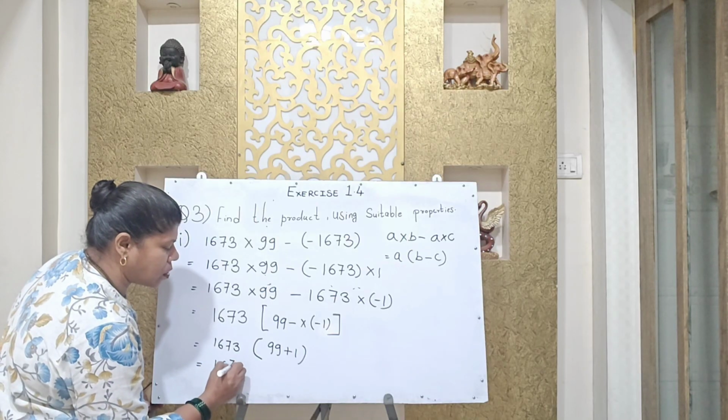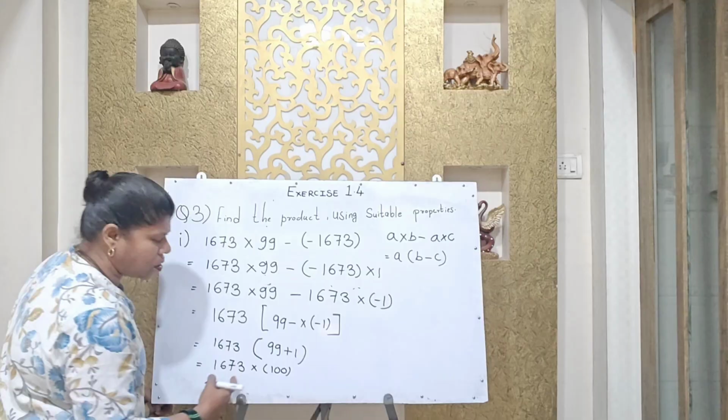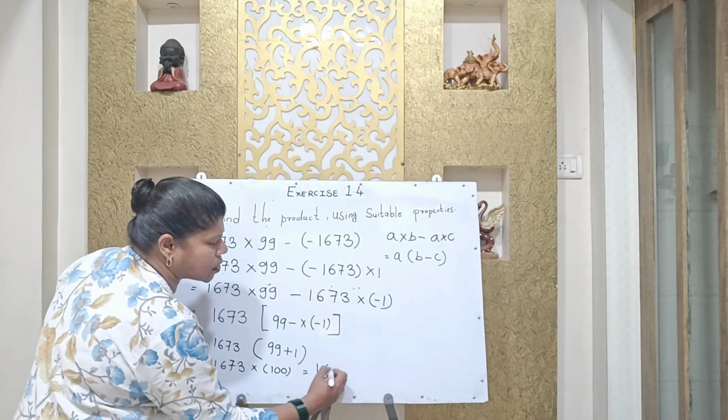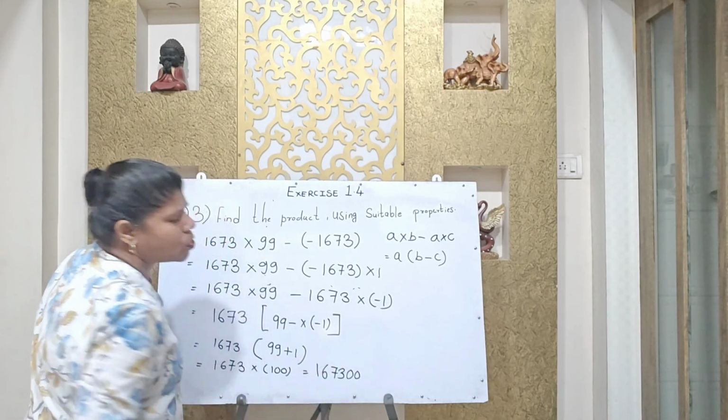So 1673 multiplied by in bracket 100. So this is very easy to now calculate. Write down this number 1673 and just write 2 zeros afterward that. So this is finished.